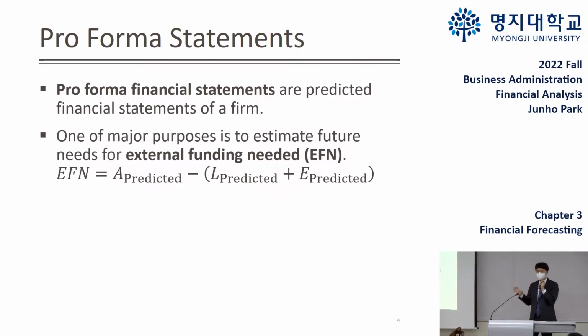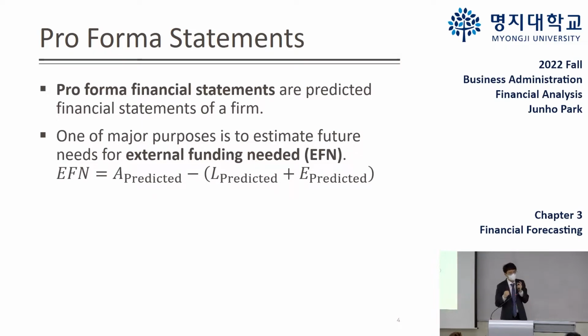All of these terms have the same meaning, but for brevity, I'm just going to call it external funding needed, or shortly EFN. And it is possible to calculate the value of EFN if we construct the pro forma financial statements, because we are going to create the balance sheet in the future so that we can compare our predicted assets and predicted liabilities and predicted equity.